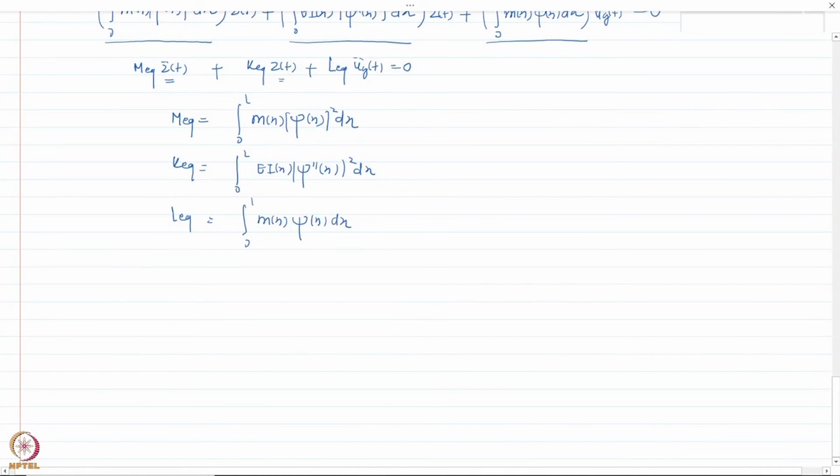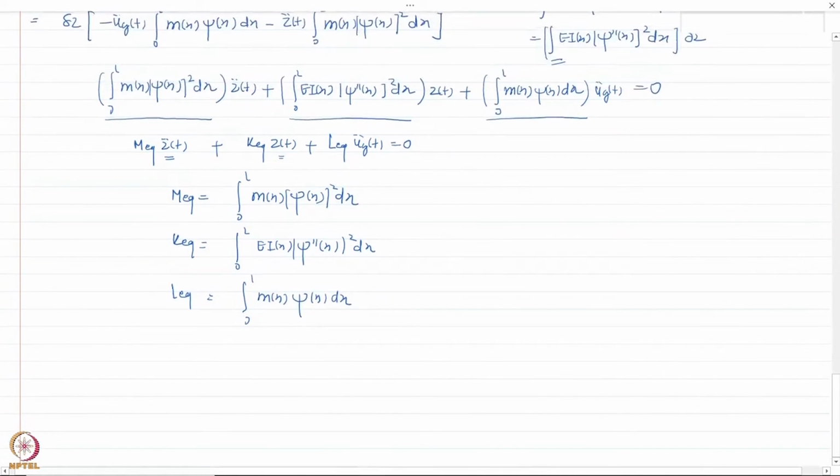So I have been utilizing the shape function phi(x), and I have been able to reduce a continuous system to a single degree of freedom system, and then my job becomes very easy because I can solve this system and find out what z(t) is.